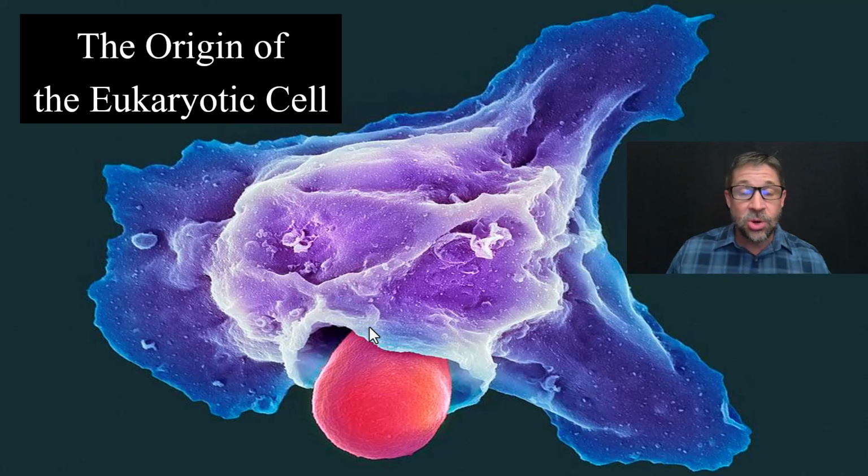So phagocytosis is really important to our story today because long ago there was a relatively larger Archaean cell that engulfs an aerobic bacteria. But instead of digesting it, it incorporates that aerobic bacteria into its cellular architecture.